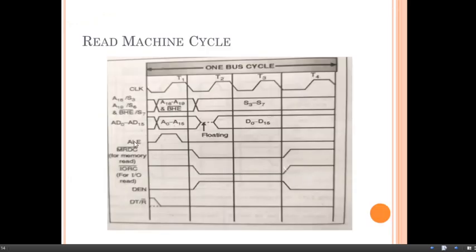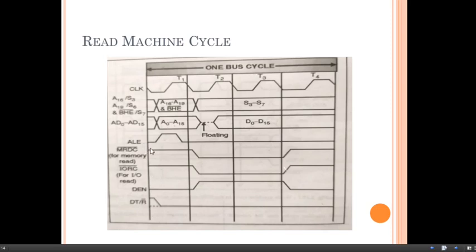So here the ALE, DEN, DT/R bar and this memory read command and IO read commands are generated with the help of this 8288. So this is only the difference between maximum and minimum mode configuration.